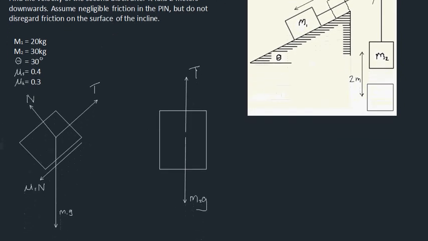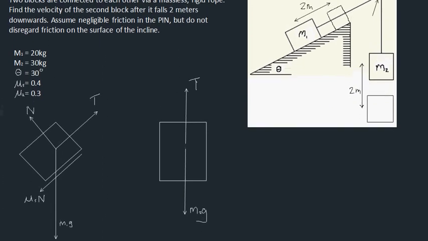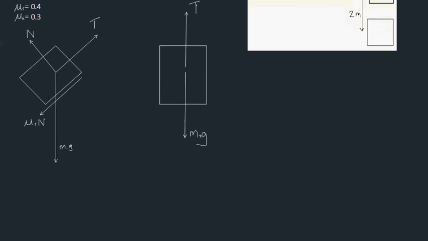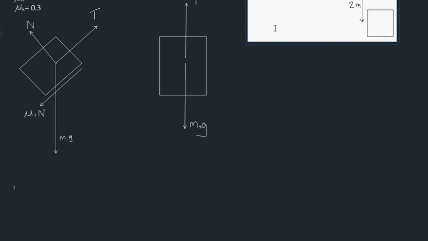And let's see if we can figure out whether, in fact, the block, or M1, is actually moving up the hill. We've done this before, but I've only done one video on it, so I really want to make it really clear. And let me just write it down if I can. Alright, let's first make the assumption that the block isn't moving.